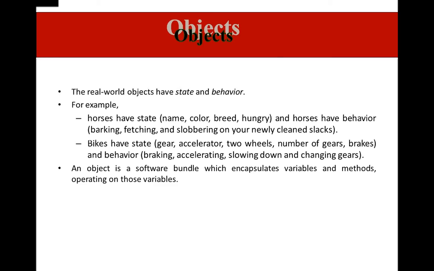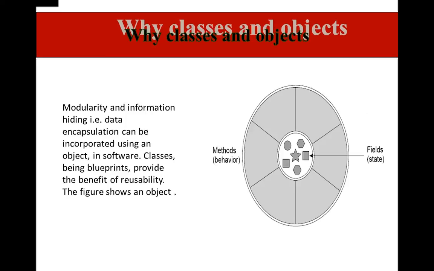With the help of these objects and classes, we are going to achieve modularity in programming, information hiding, that is data encapsulation, and of course with the help of these methods we get the benefit of reusability. Inside this, there are the states, or we can say fields, and the methods are operating on these fields, or instance variables.